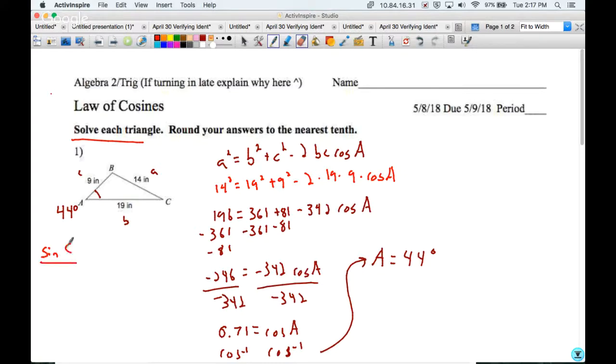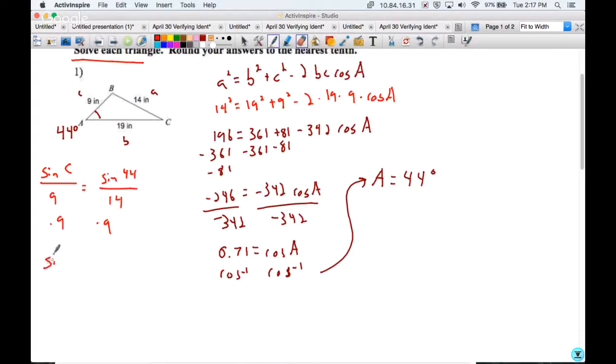Sine of angle C divided by its opposite side 9 should be equal to the sine of 44 divided by its opposite side 14. Multiply 9 to both sides. I'm just going to write down the decimal here. Sine of C equals 9 times sine 44 divided by 14, 0.446, inverse sine to both sides.